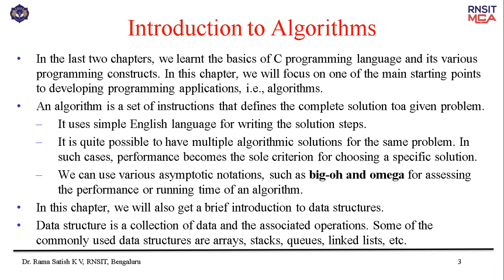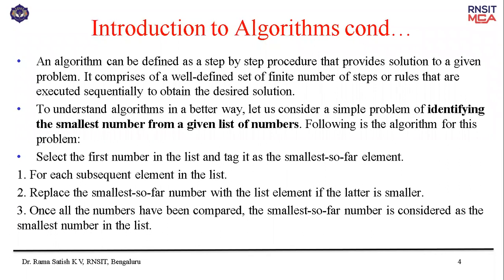There are multiple solution algorithms for any problem. In order to find the best algorithm, we make use of asymptotic notations. That is used to check the performance of the algorithm. Based on that, you can decide which one is good, which one is bad.